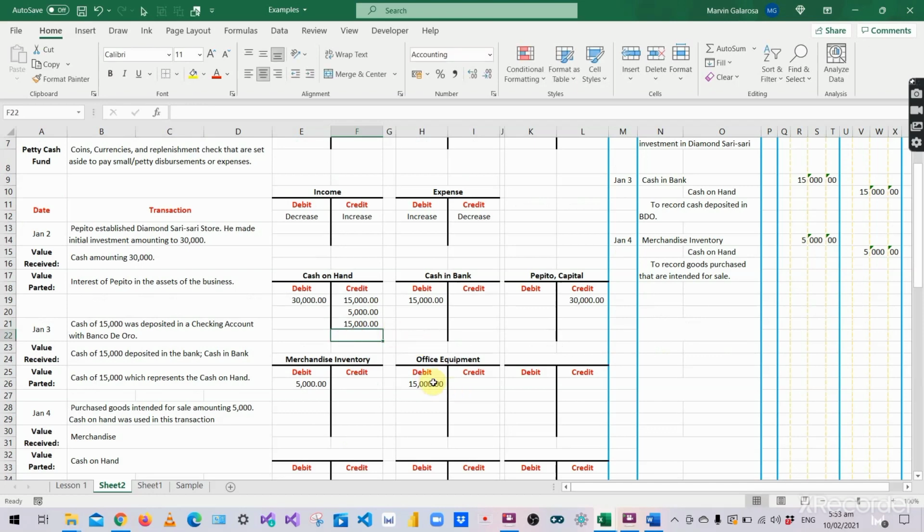So, meron na tayong journal entry, debit and credit. Record na natin siya. January 5. Entry would be debit office equipment 15,000.